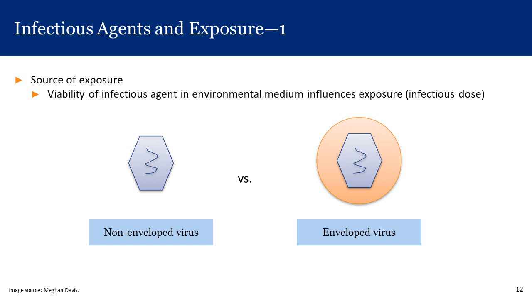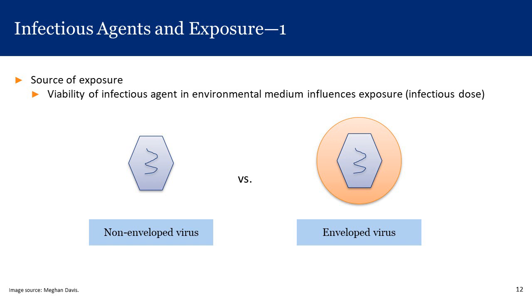So non-enveloped viruses are a little bit more hardy than enveloped viruses, which have to literally bud out of the actual cell membrane and carry a little bit of that membrane around them. That means that if that membrane is disrupted by different things in the environment, including ultraviolet light or solar exposure, as well as desiccation or drying out, they will potentially be less viable over longer periods of time.